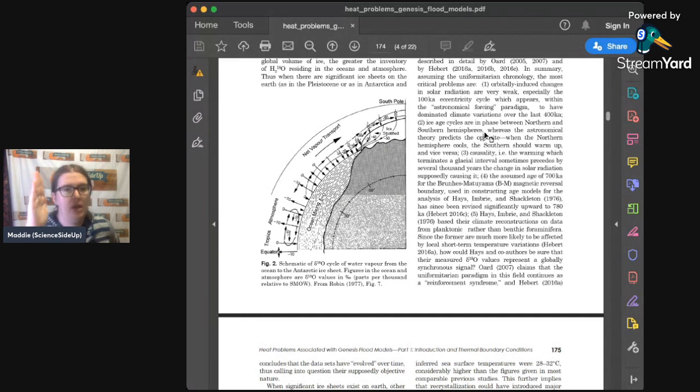If I tilt more, I'm going to have more extreme winters. And will I also have more extreme summers? Yes. But both the northern and the southern hemisphere will feel that, in the global average, they'll feel those same swings.